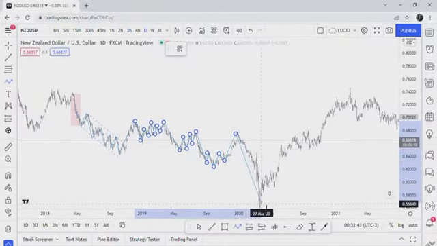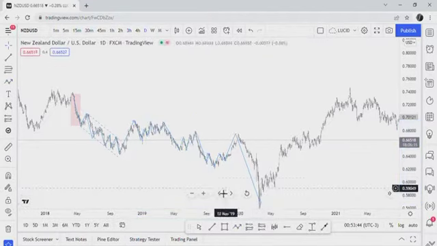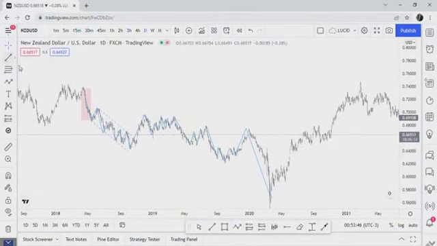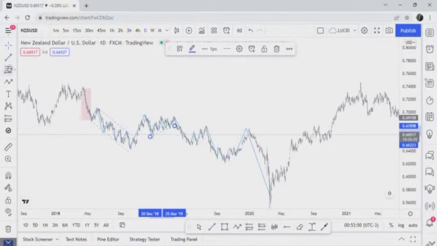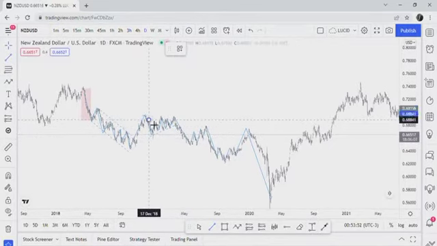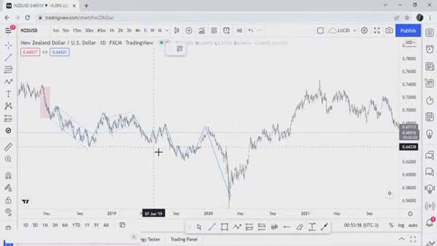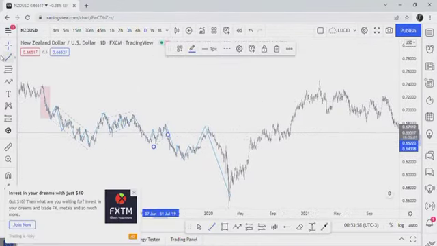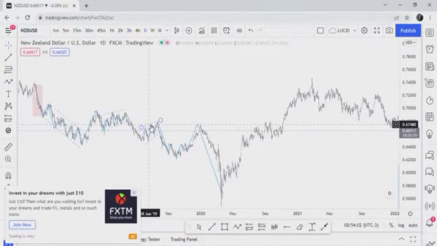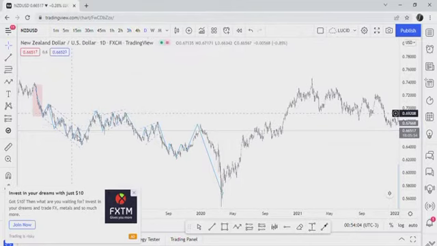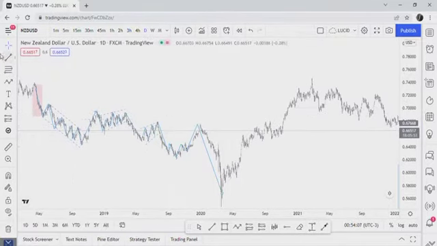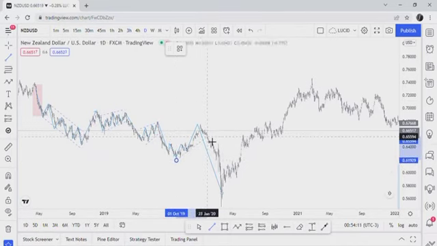Then a push to the downside. Impulse, correction, impulse, correction to the downside.